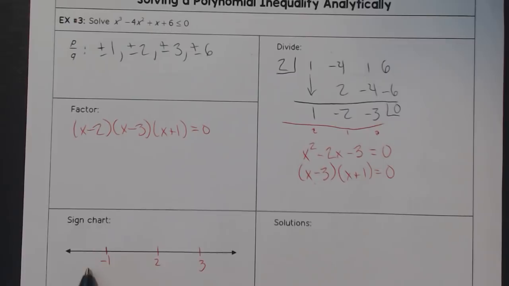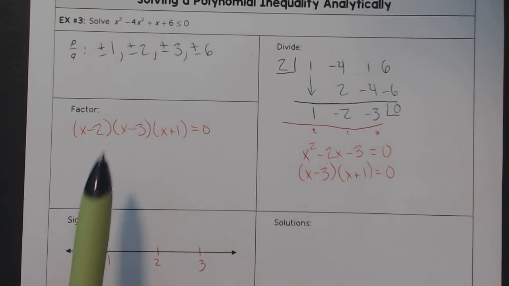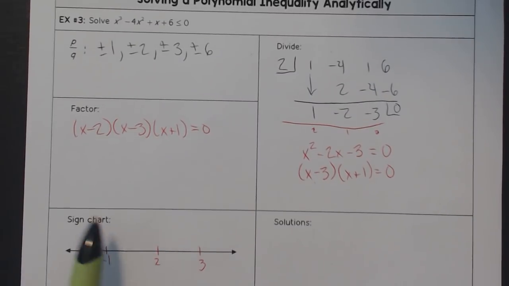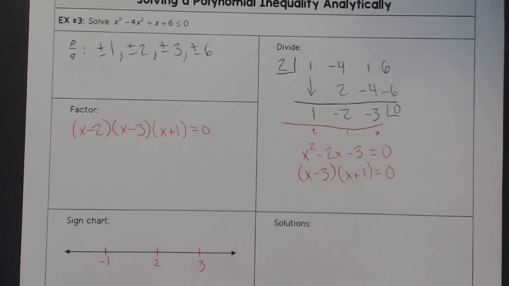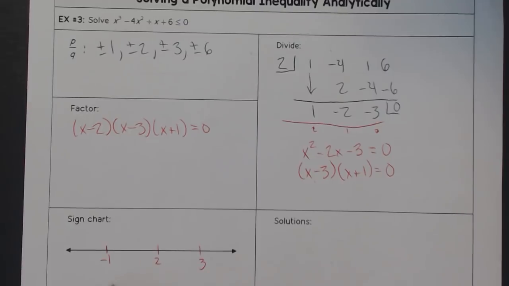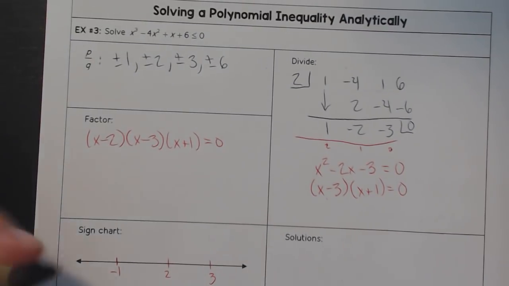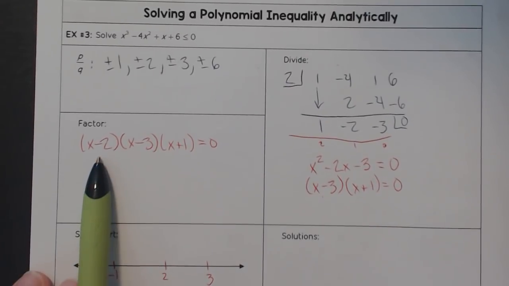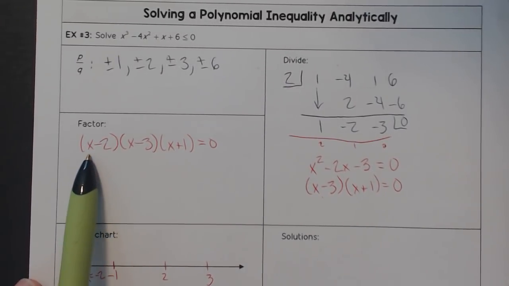So the best way to do it is not use the original equation. It's to actually use the factored form to figure this out. So what I'm going to do is I'm going to use x equals -2. I plug in -2 here, and I get -2 minus 2.